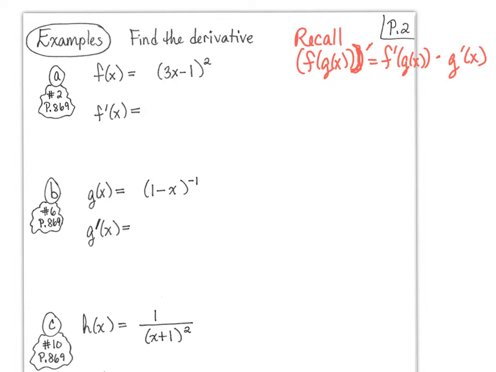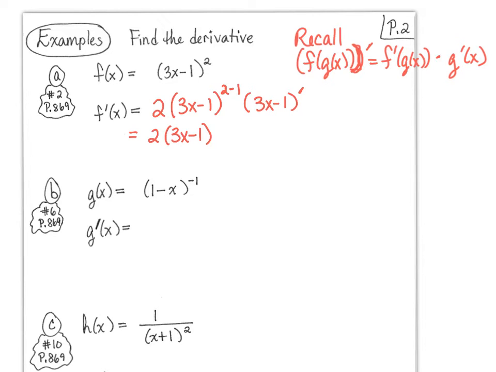So that means, and you can just watch and then you can write down if you're visual, we bring down the 2, leave 3x minus 1 fixed, raise that to the 2 minus 1. Then we multiply times the derivative of the inside. So that would be equal to 2 times the quantity 3x minus 1, raised to the first power is just the quantity 3x minus 1, times the derivative of 3x minus 1.